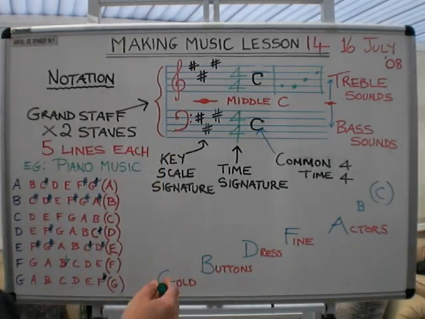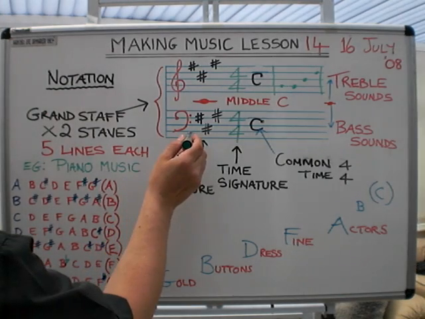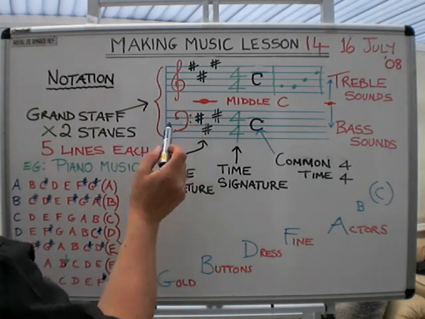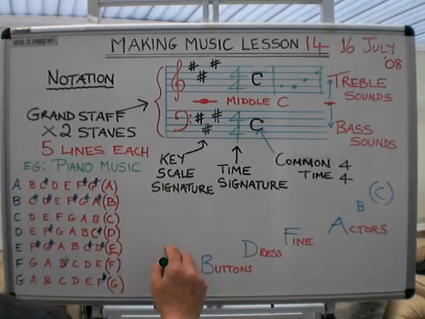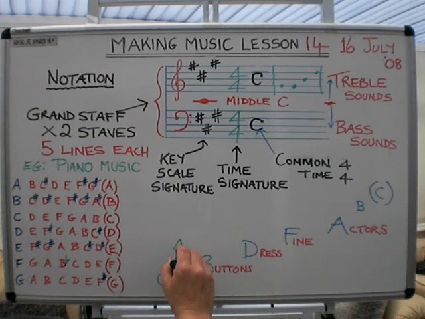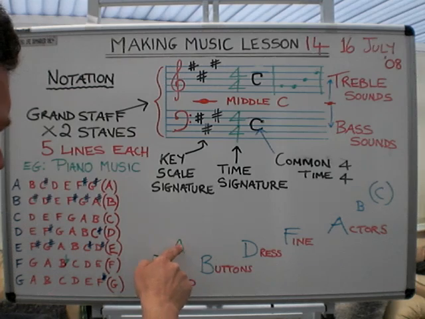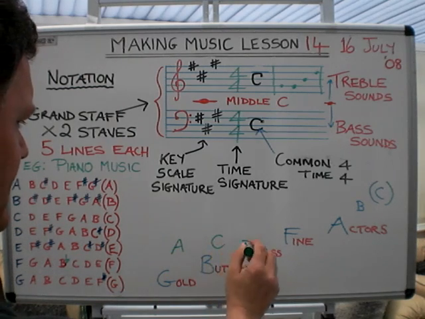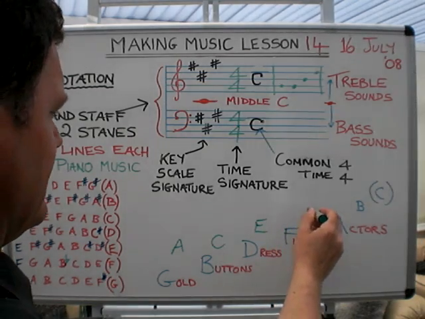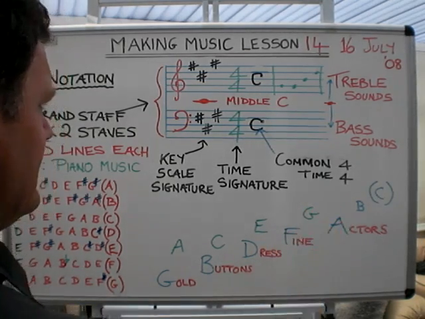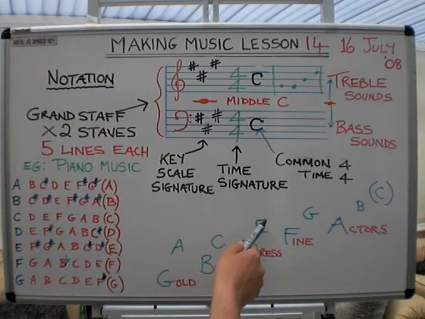The spaces in between I'm talking about here. Well, alphabetically, you can write in here. I'm just going to write it above. You'll see how the arrangement is. G, A, B, C, D, E, F, G. It's just the spaces we want.